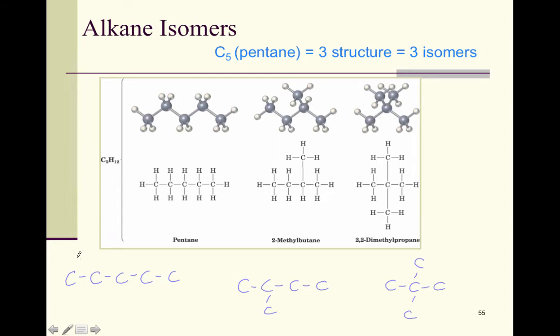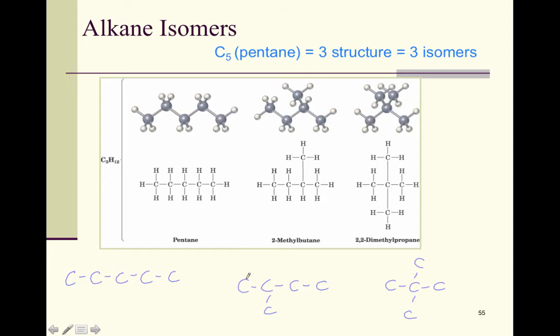So what we're going to do for just a minute here is I'm going to ask you, how many bonds does this carbon have right now, the way it's drawn in its skeletal form? Well, the answer is it has 1 bond. How many bonds does this carbon have right now, the way it's drawn? It would have 2 bonds, 1 to a carbon on the left and 1 to the right. And this one, 2 left and right, again 2, and then this one only has 1.